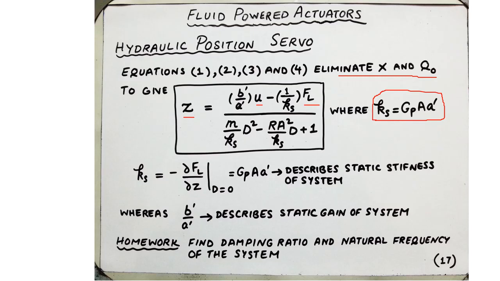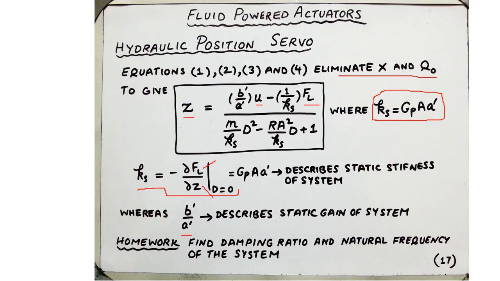And remember, this ks defines the static stiffness of the system, the one that was analyzed in our lecture on electromechanical systems, in which we said that although the system did not contain any spring, yet it was exhibiting some stiffness. That is the static stiffness that comes about due to the opposing force required to cause displacement in the opposing direction.